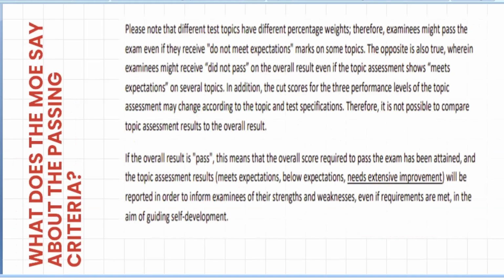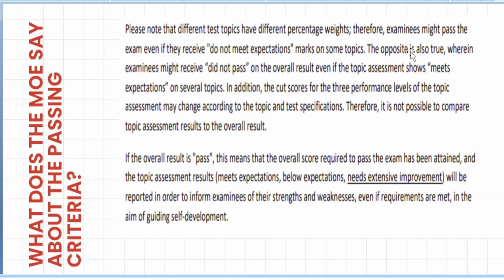Let's see how. What the ministry said about your test interpretation: please note that different test topics have a different percentage weight. Therefore, an examinee might pass the exam even if they receive do not meet expectations marks on some topics.